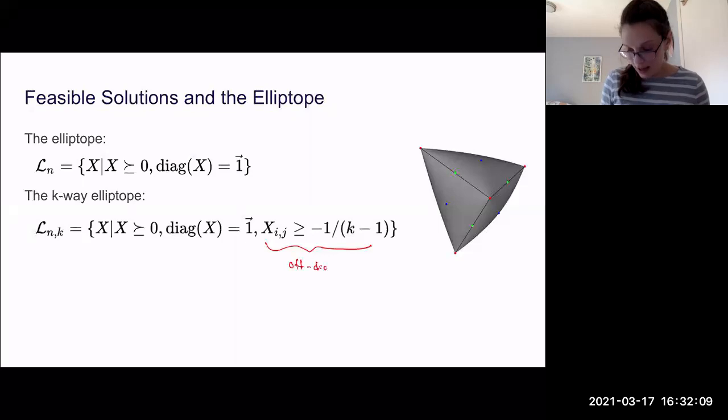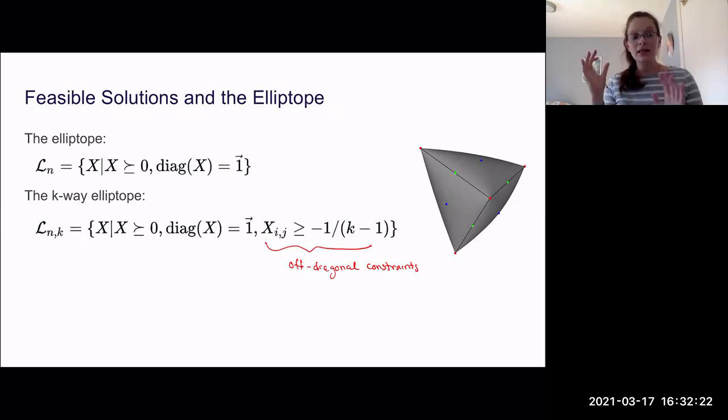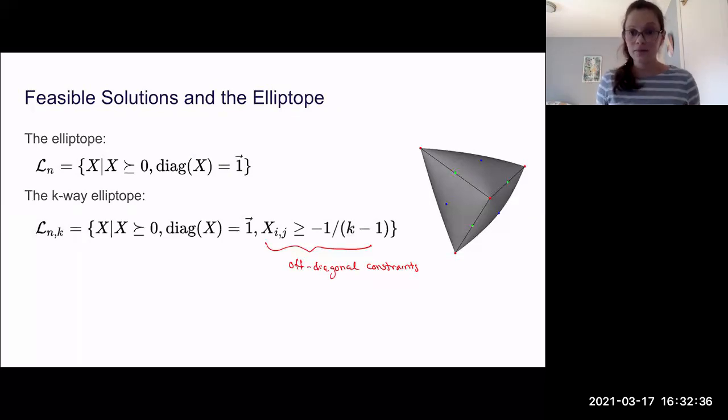So this is the set of matrices that are actually feasible for our original semi-definite program. You can think of it as taking the elliptope and intersecting it with an orthant, where that orthant cuts off more and more of the possible solutions as K increases, because you have a stricter and stricter constraint on those Xijs.